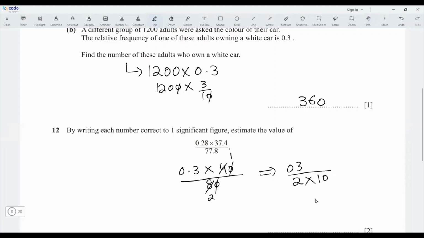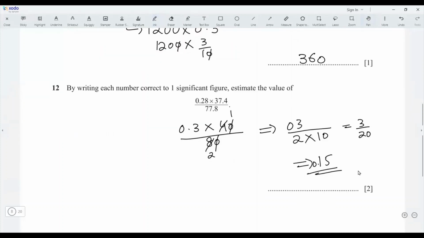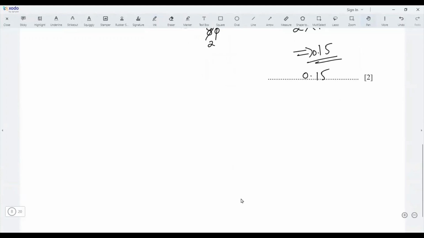So the answer is 3 over 20. 3 over 20 is in the fraction form, or if we want to simplify into the decimal form, it results in 0.15. So 0.15 is the final result of this. We can do this roughly, meaning divide 3 by 20, and we will get our result as well.